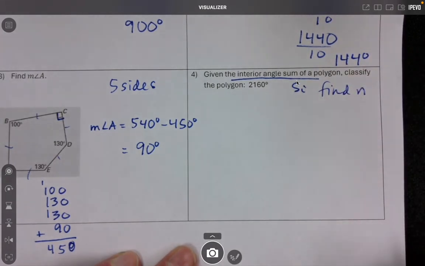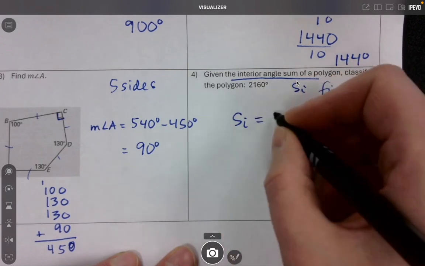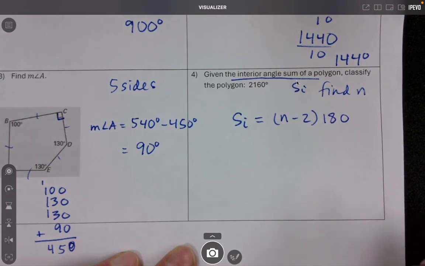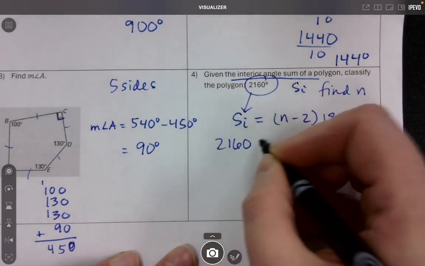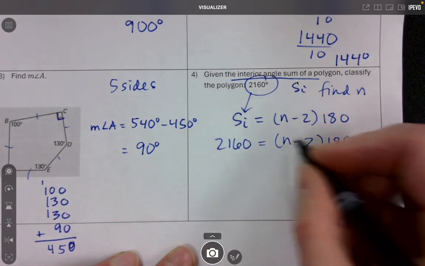So let's look at our formula. We have this formula, S_I, so the sum of the interior angles is n minus 2 times 180. So we are going to put this number in for our sum, and then we're going to solve it for 180. Or sorry, solve it for n.